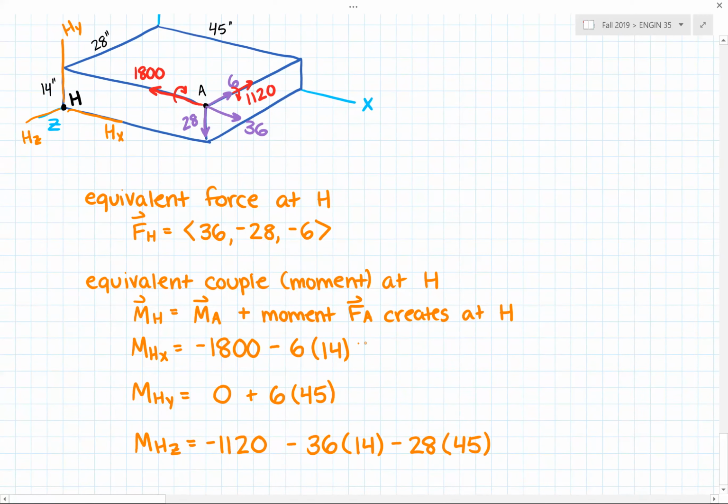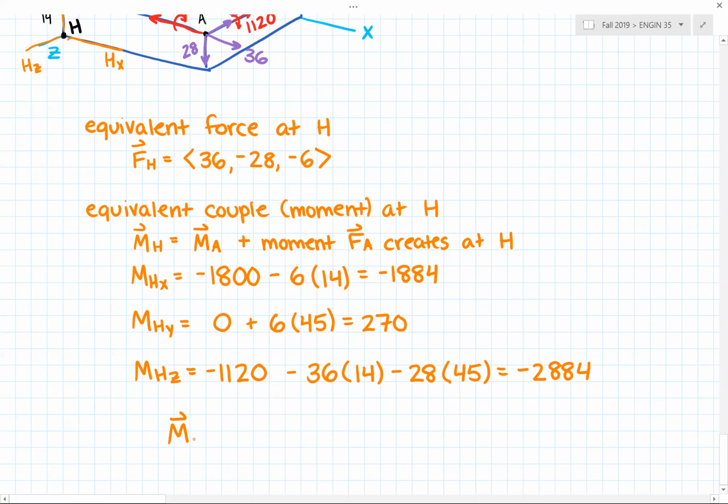So we can solve each of these, and we get negative 1,884, 270, and negative 2,884. So the moment at H is going to be negative 1884, positive 270, minus 2884. And those units are pound-inches.